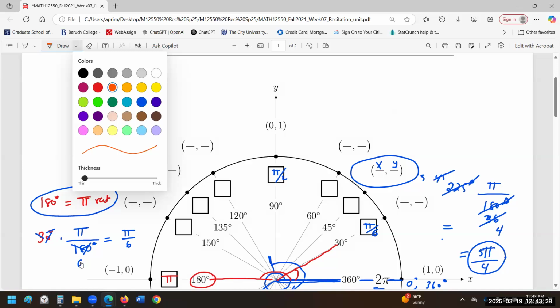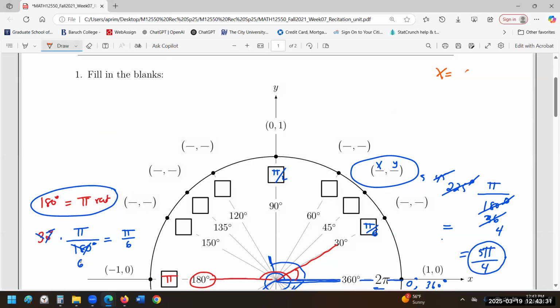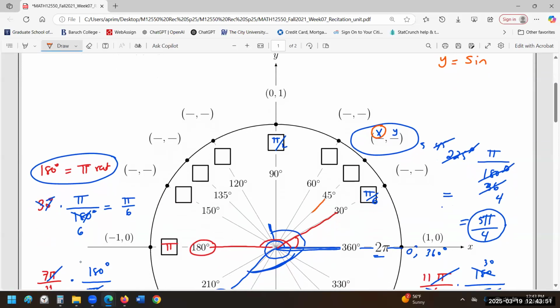They are trig functions. X represents the cosine function, and y represents the sine function. Whatever we have in the x position for an angle is the cosine of that angle. For example, for 45 degrees right here, whatever we have in the x position is cosine 45, and whatever we have in the y position is sine 45.